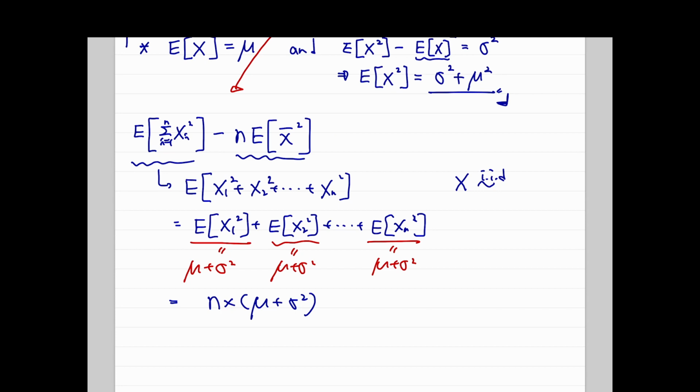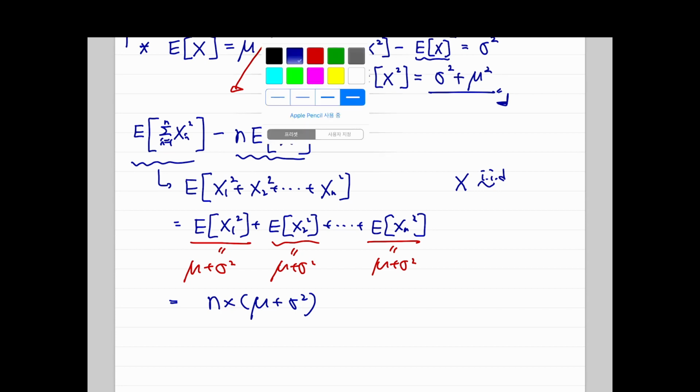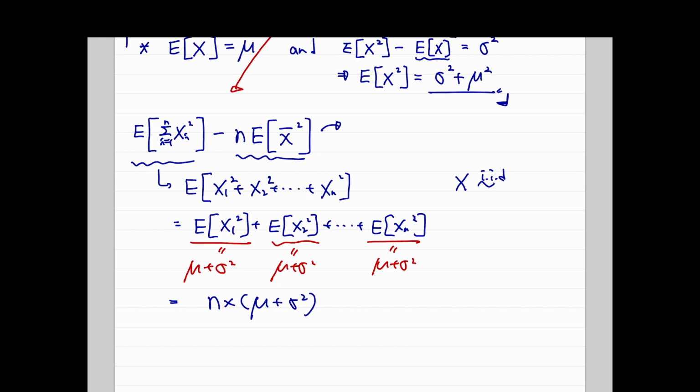The variance of x bar equals sigma square divided by small n. It means the expected value of x bar square minus the square of the expected value of x bar, which is mu square.